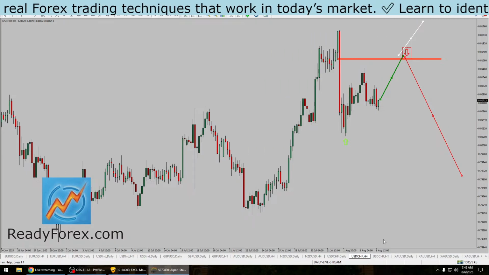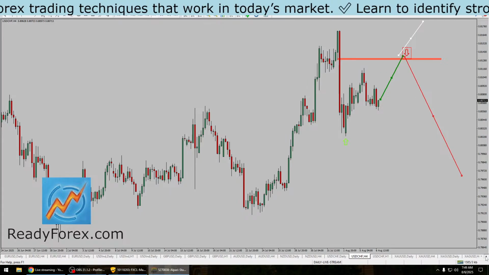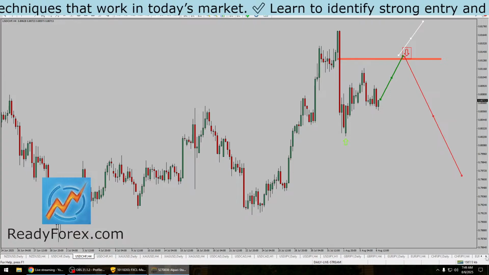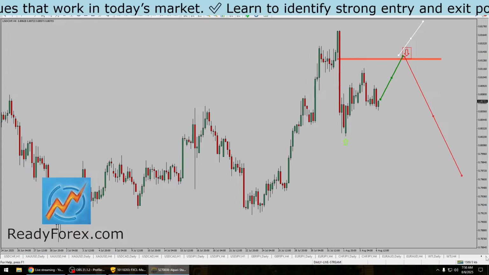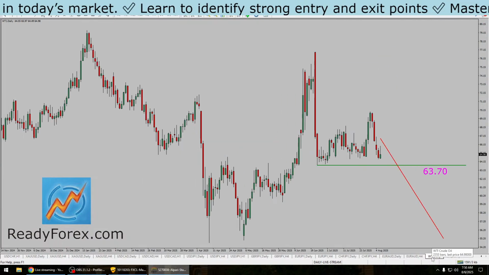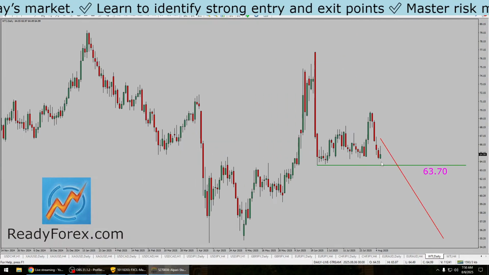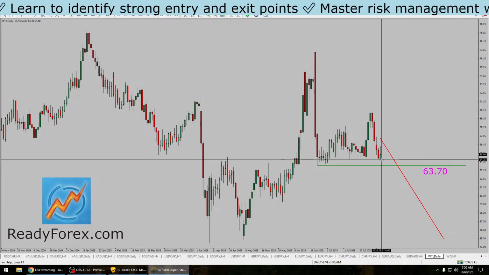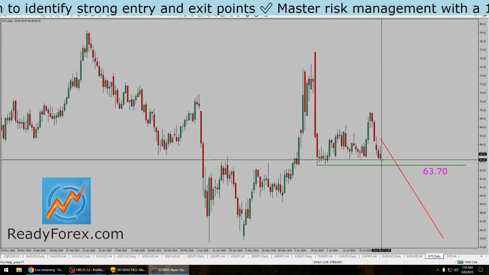Next, let's take a look at WTI crude oil.